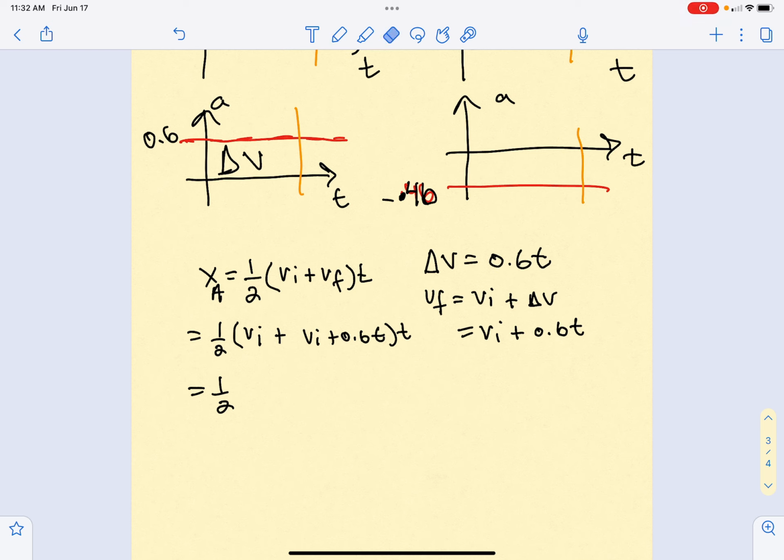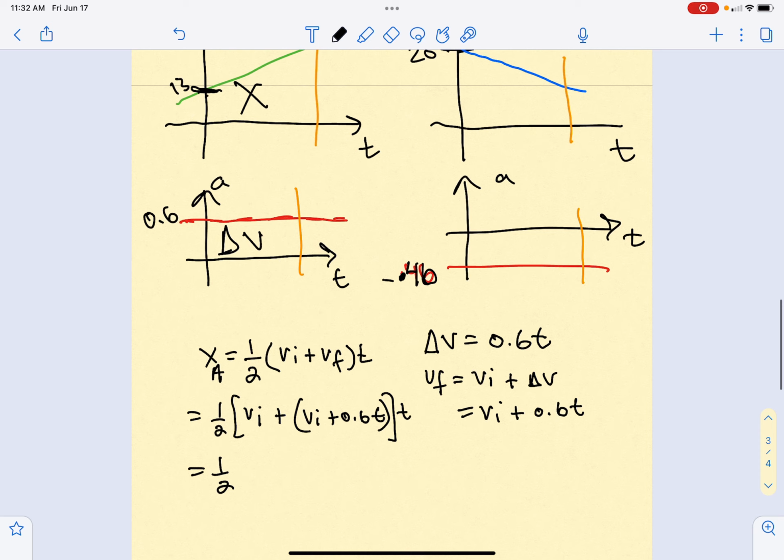It also is very helpful if we start using brackets here, since we have some parentheses. I want to clearly indicate that that is my final velocity.